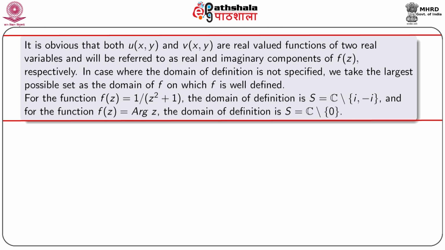For the function f of z equal to 1 by z squared plus 1, the domain of definition is the set S equal to C except the values i and minus i, and for the function f of z equal to argument z, the domain of definition is the set C excluding the point 0.